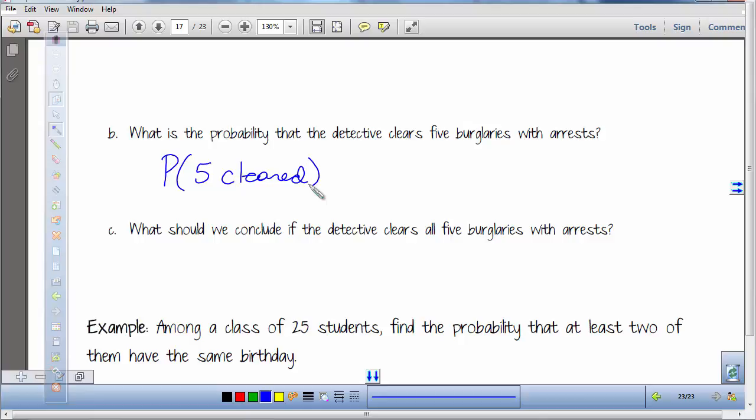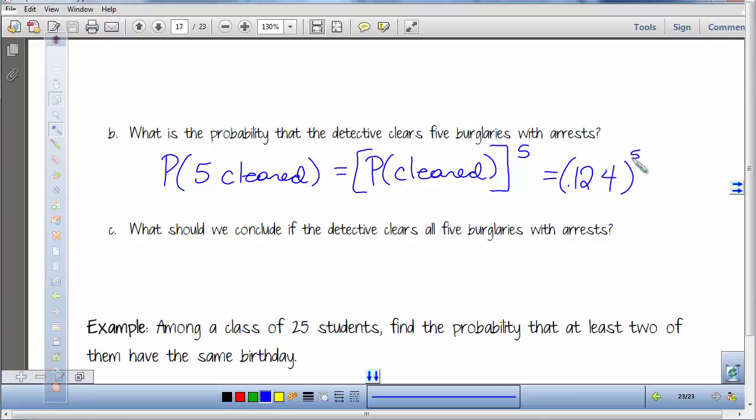The keyword and is going to indicate the multiplication rule. So we've got the probability of cleared. Again, we've already said that we'll treat these events as if they are independent. So this is going to be the probability of cleared to the 5th power, or 0.124 to the 5th power.